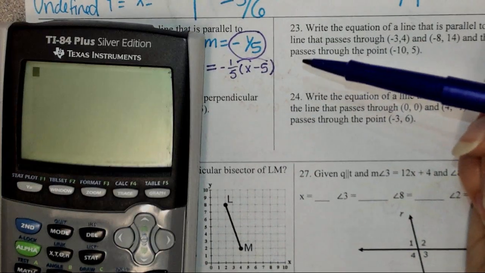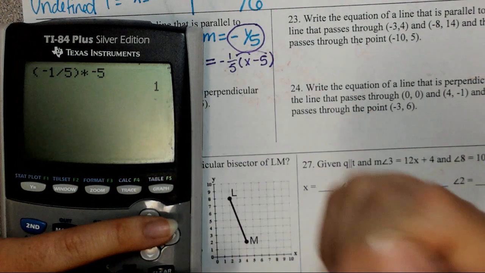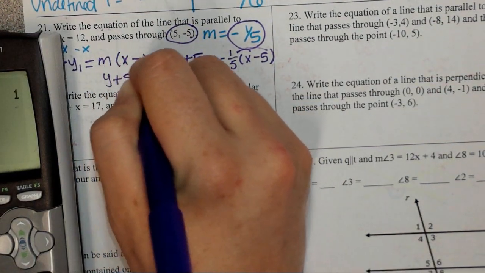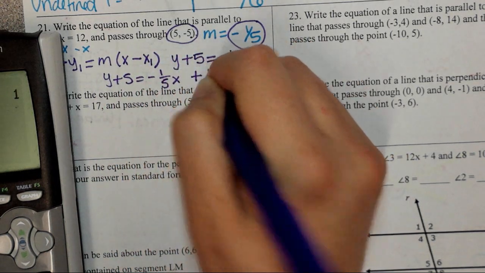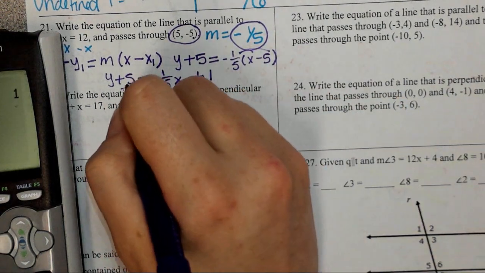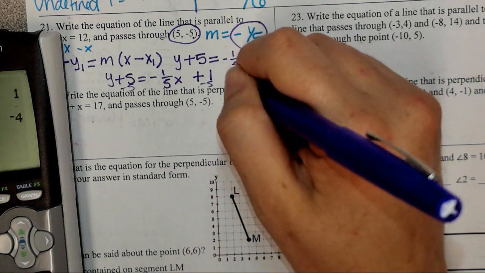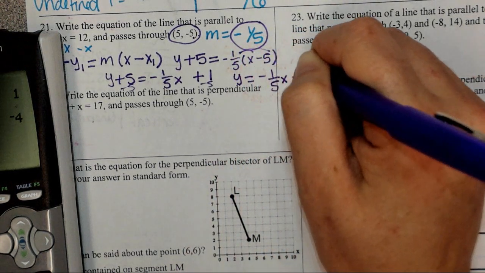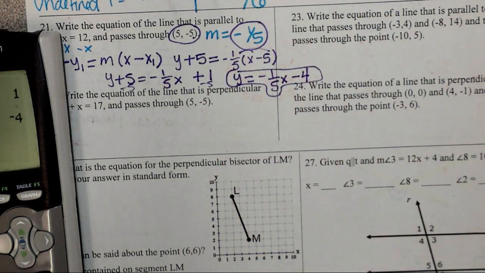First, you just distribute. So negative 1/5 times a negative 5 gives us 1. Okay? So we're going to have y plus 5 is equal to negative 1/5 x plus 1. Okay? And then subtract 5. 1 minus 5 gives us negative 4. So my final equation: y equals negative 1/5 x minus 4.